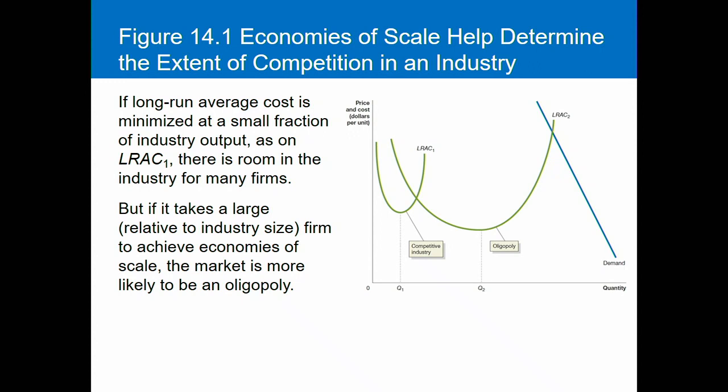In a competitive industry, you would see the quantities down here, equilibrium can be somewhere out there, so you can have a bunch of them competing, all producing at their minimum average total cost. So naturally, there's only enough room for a couple firms in an oligopoly market, whereas there's room for a lot more firms in a competitive market.